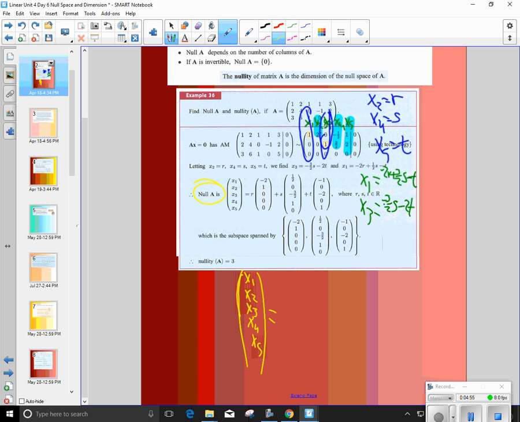We take a look at all of these, and say, all right, x1 has an r in it. So we go r, s, and t.